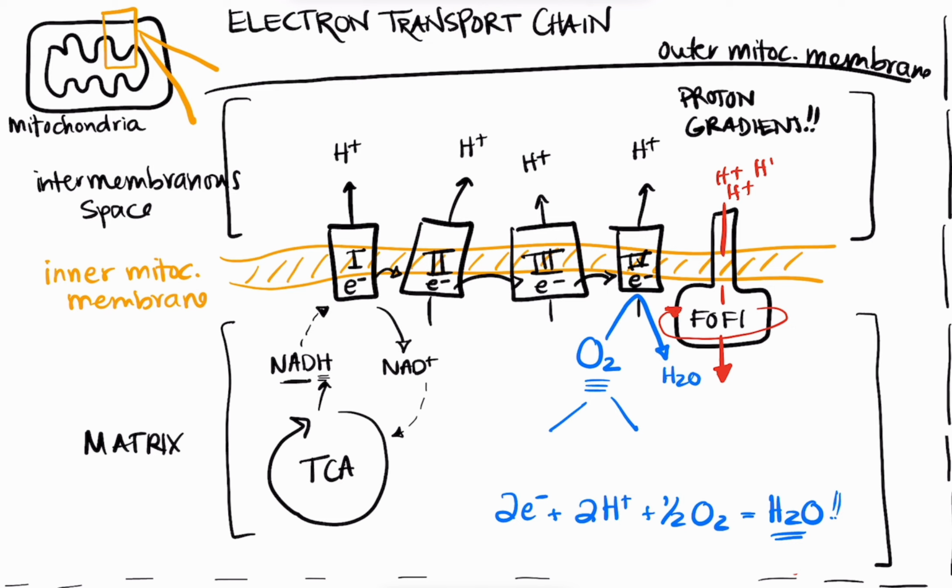And the spinning of FOF1, that energy is used to take a phosphate and stick it onto an ADP to create ATP. The energy required to produce ATP is generated from the proton gradient. The proton gradient was generated by the previous complexes as they pass the electrons down the chain.